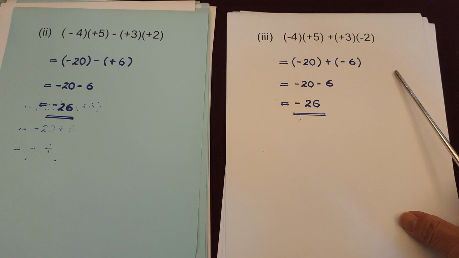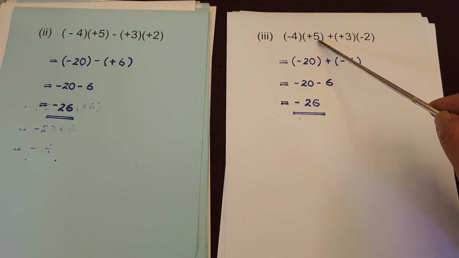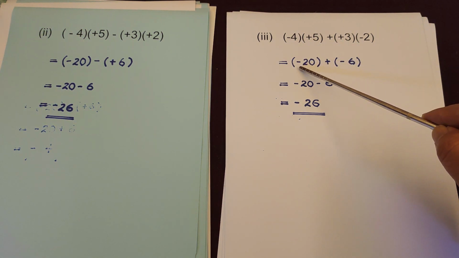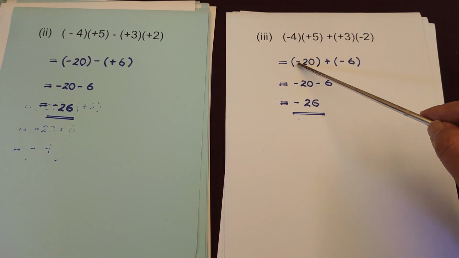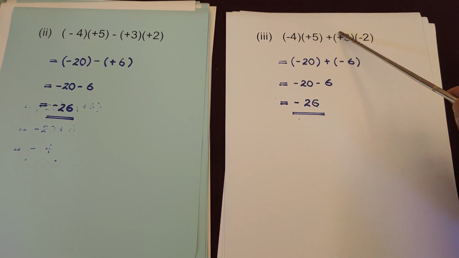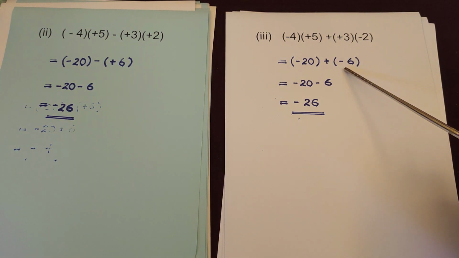Here we have the same. The first part is negative 4 times positive 5. Then we have different signs, so the answer is negative. So we have negative 20. And here we have a plus, and the first is positive, so the sign of the answer remains that of the second, or we can say that these two signs differ, so we have a negative result.